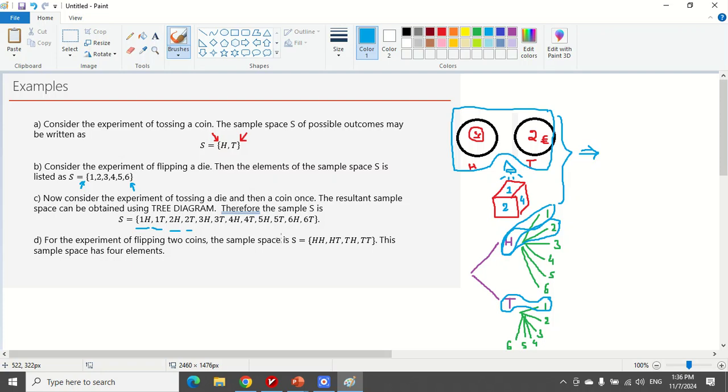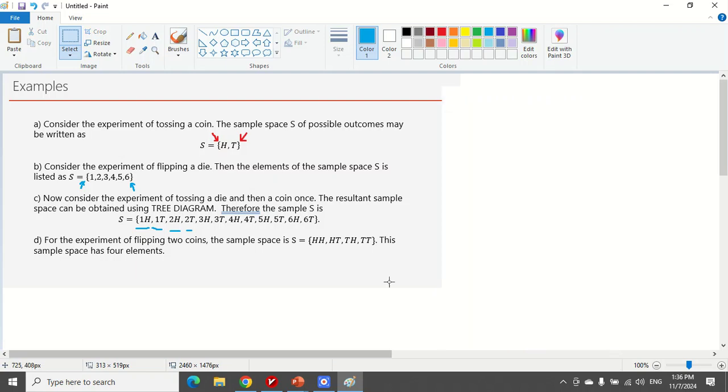For the last example that we have here, the experiment of flipping two coins. If we flip two coins, I'm looking for the sample space that is constructed when we flip two coins simultaneously. So here, we have two cases.